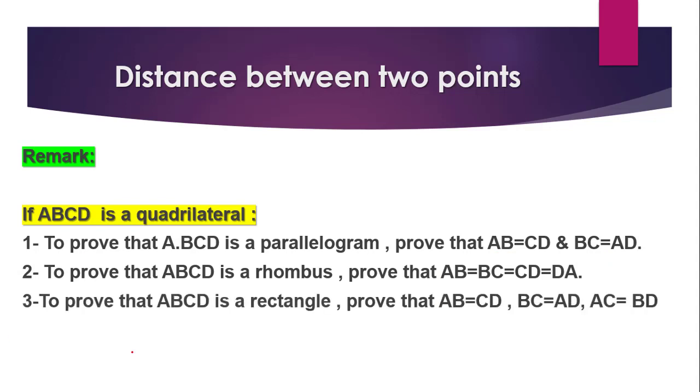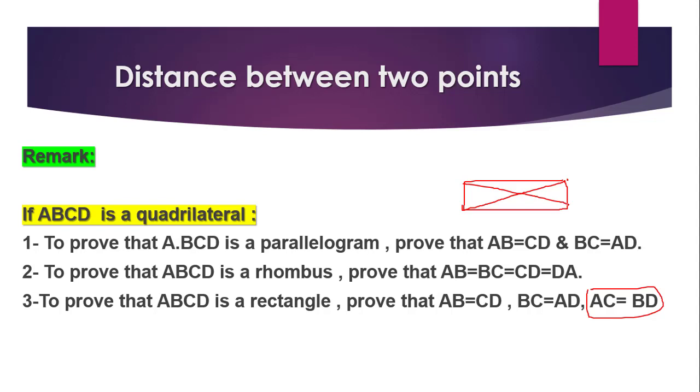If I want to prove that this is a rectangle, I'll prove that each two opposite sides are equal in length, so this is a parallelogram. And in addition, I want to prove that AC equals BD. We said before that in a rectangle the diagonals are equal in length.